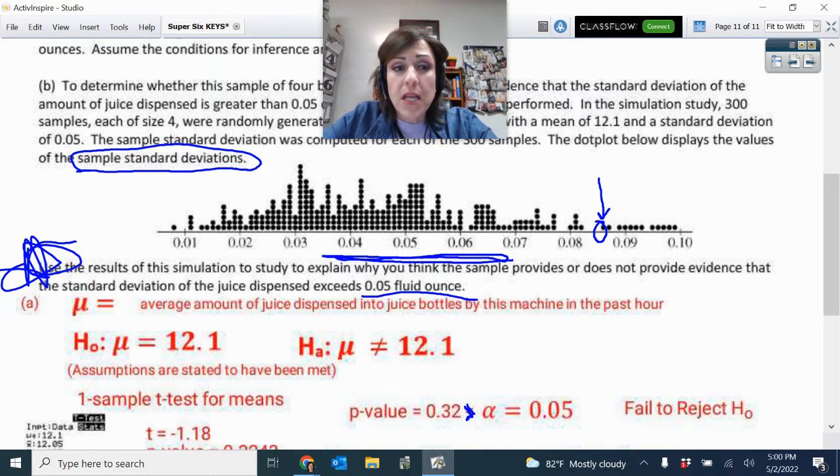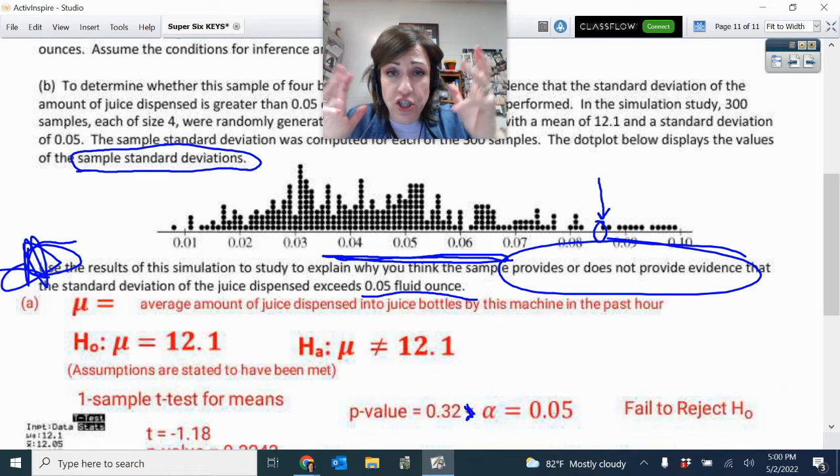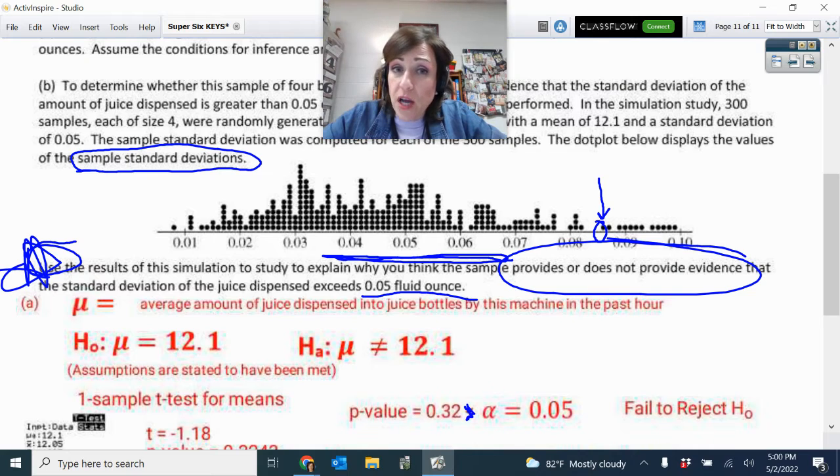Now, this language here should have kind of jogged some thought processes in your mind. Provides or does not provide evidence that the standard deviation is exceeding 0.05. That to me sounds like we're talking about an HO with the standard deviation at 0.05, an HA with the standard deviation exceeding 0.05.